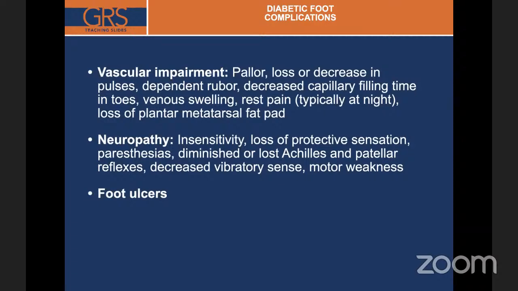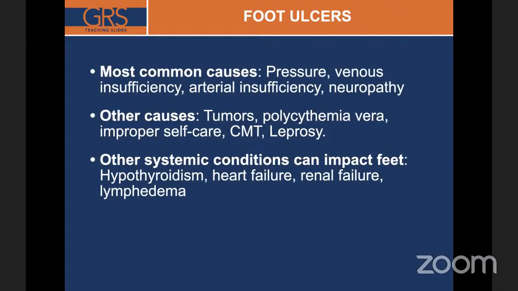Other complications include neuropathy, insensitivity, loss of protective sensation, and paresthesia. Patients may also have diminished or lost Achilles and patellar reflexes, decreased vibratory sense, and motor weakness. Another complication is foot ulcer, and the vascular impairment and neuropathy can lead to foot ulcer.